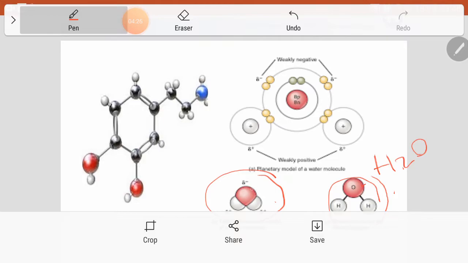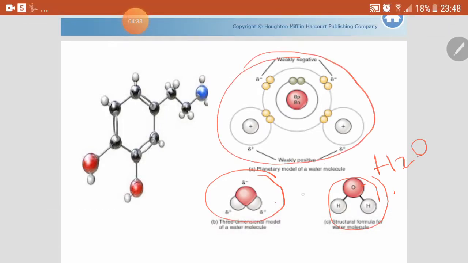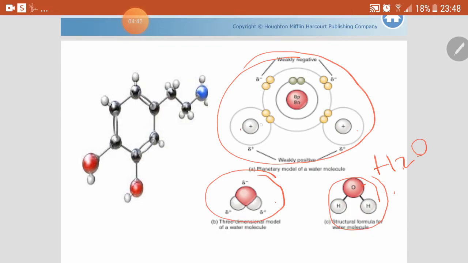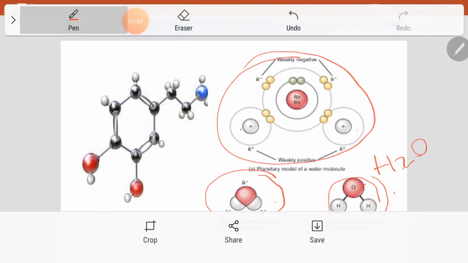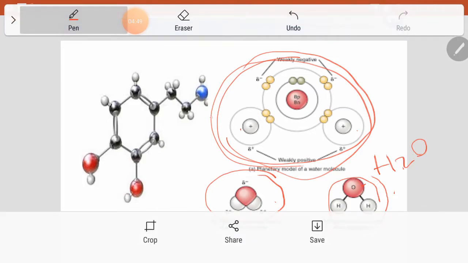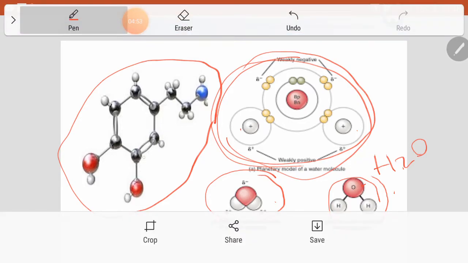Also, this is an example. There are a lot of molecules. The molecule of water is made of 3 atoms, and this molecule is also made of 3 atoms only. Some other molecules are made of many atoms. Look, a big number of atoms.